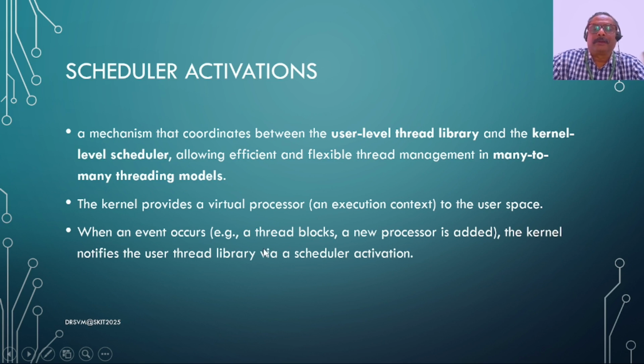The user thread which was allotted a kernel thread has stopped working, so it informs the thread library that this particular user thread is no longer working. So next time when you are trying to schedule, make sure not to schedule that particular user thread. All these things are done through scheduler activation.